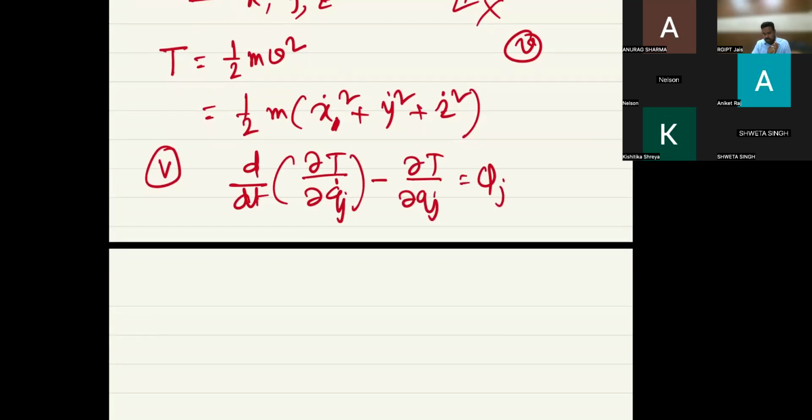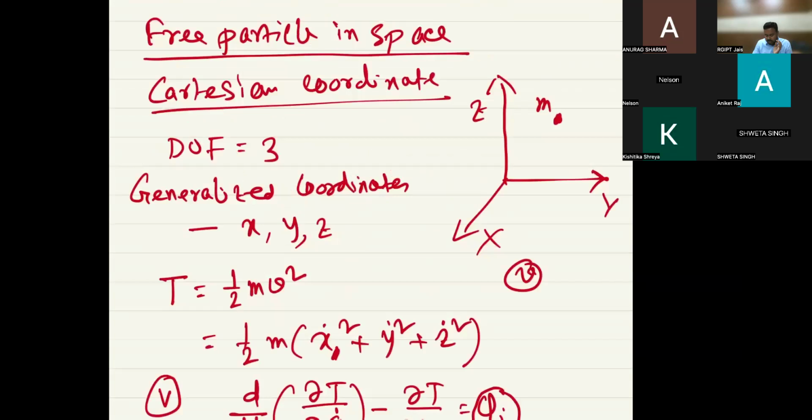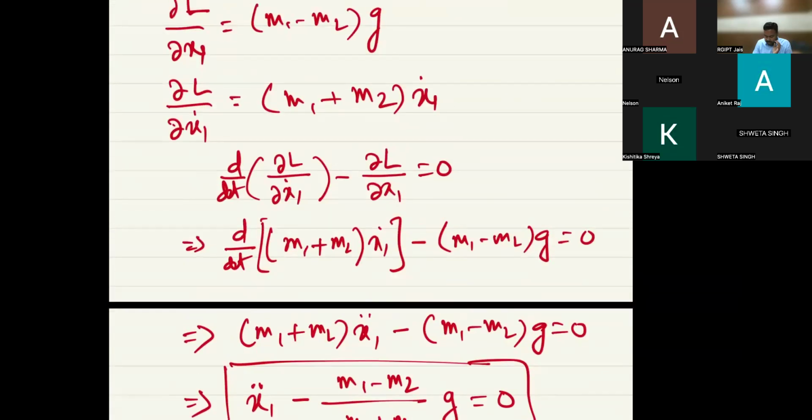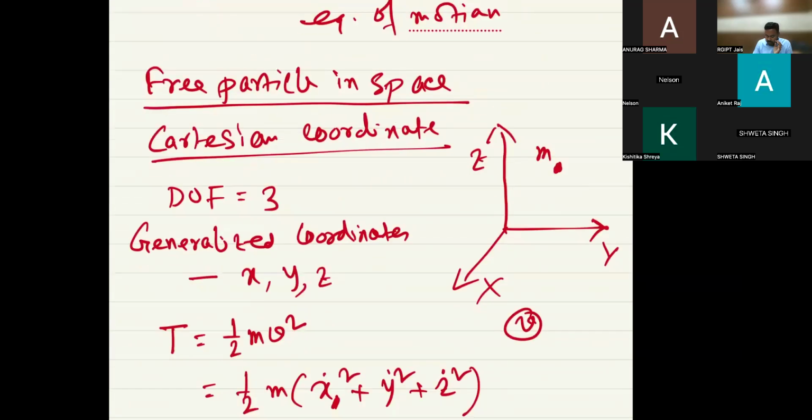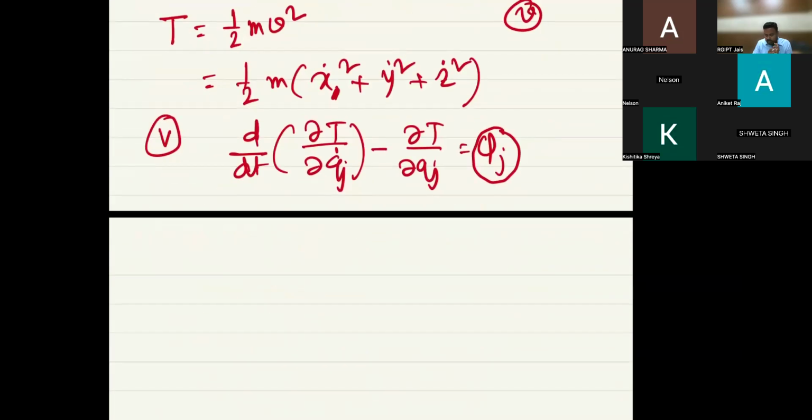We need to use this form because I told you that only if we can derive the generalized force Qj from some potential can we use the Lagrangian form. But if we cannot derive a potential or we don't know the forces, then we can use this form as well. So here the Qj's are called generalized forces.